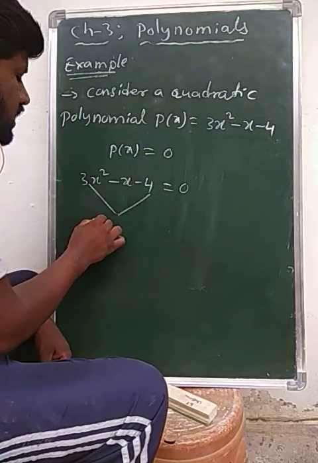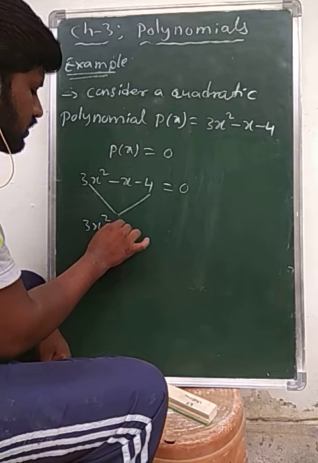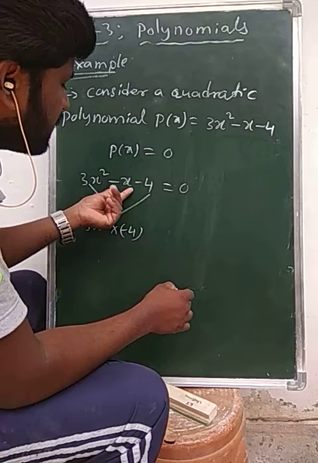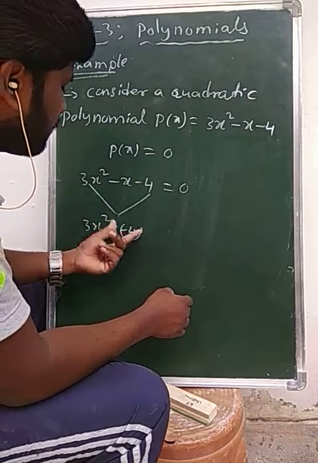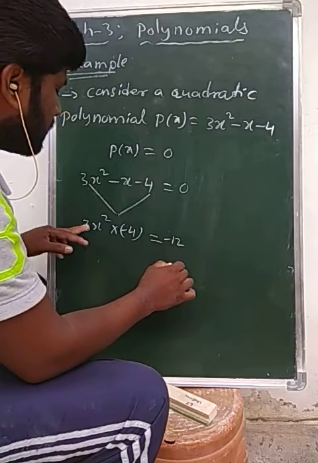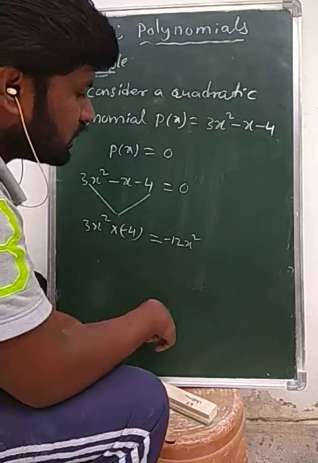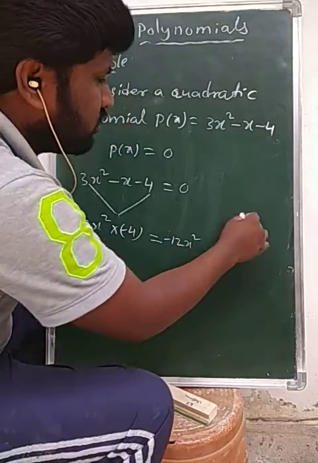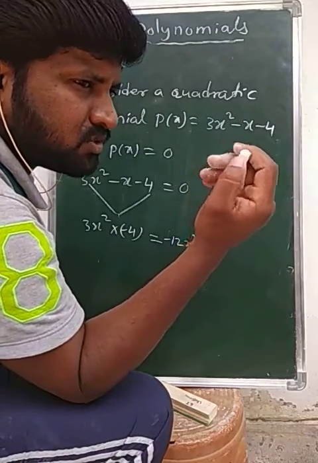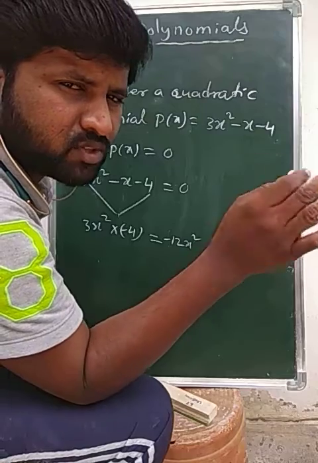By splitting the middle term, we multiply 3x square into minus 4. 3 into minus 4, that is minus 12 x square. Here write the factors of 12. What are the factors of 12? 1 12s are 12, 2 6s are 12, 3 4s are 12, like that.